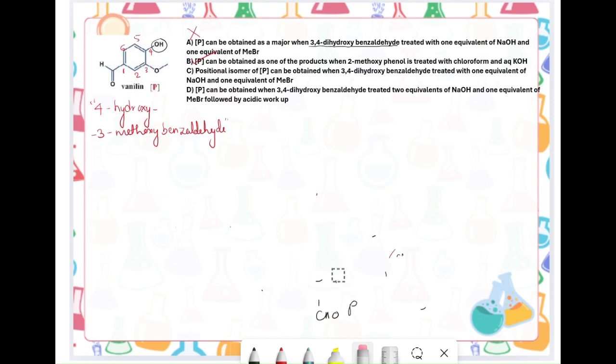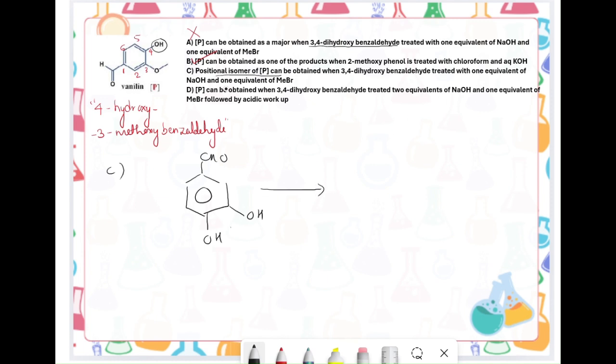Students, remember this is something we have done with respect to option A, isn't it? Positional isomer of P can be obtained. So this is statement C, right? Look at this. Same molecule, 3,4-dihydroxybenzaldehyde, when it is treated with one equivalent only. So that means NaOH followed by methyl bromide, like this.